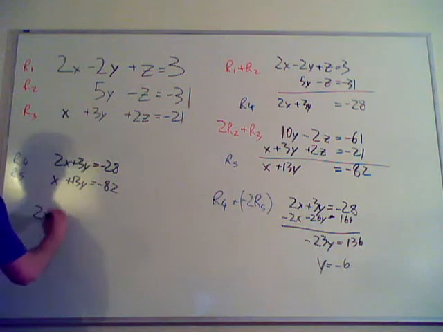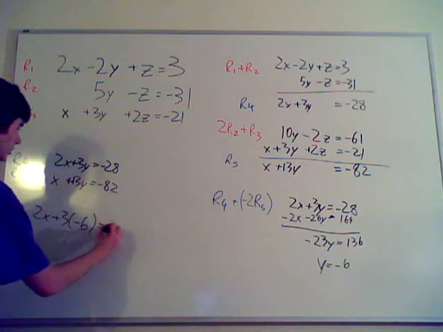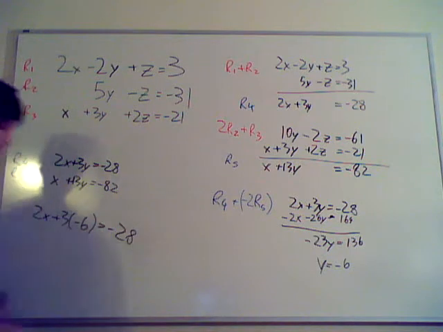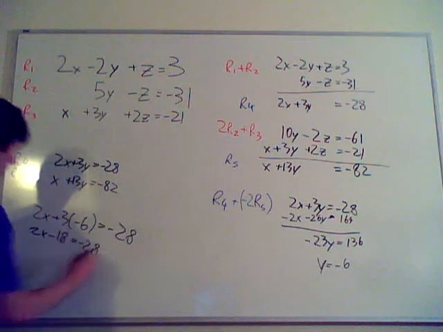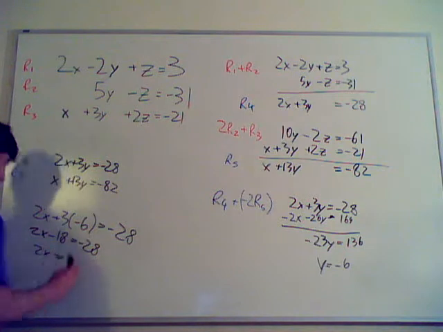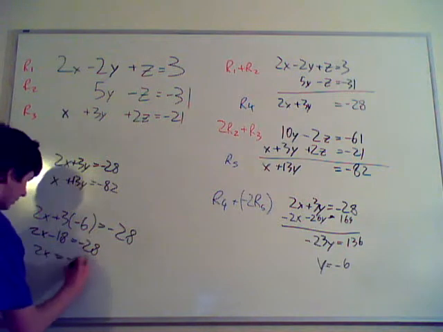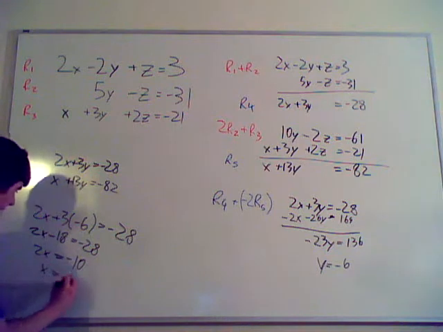So 2x plus 3 times negative 6 equals negative 28. Now, 3 times negative 6 is negative 18, so 2x minus 18 equals negative 28. Add 18 to both sides, you get 2x equals negative 10. And that means that x is equal to negative 5.